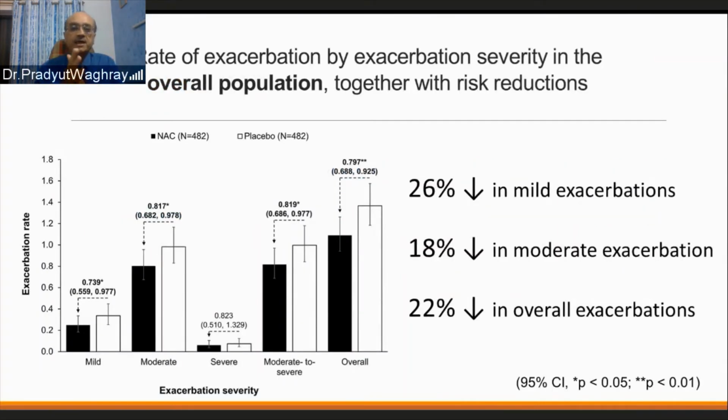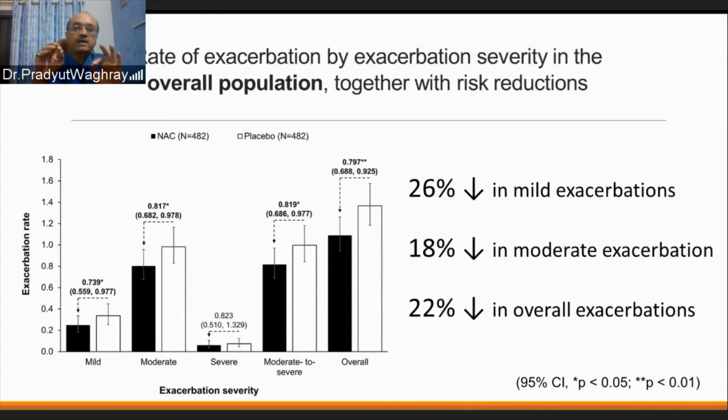So if you see this slide, this was studied to know the rate of exacerbation by exacerbation severity in the overall population, together with risk reduction. The black one is the NAC group, and the plain is the placebo group. This was mild, moderate, severe, and moderate to severe, and overall exacerbation severities were studied.